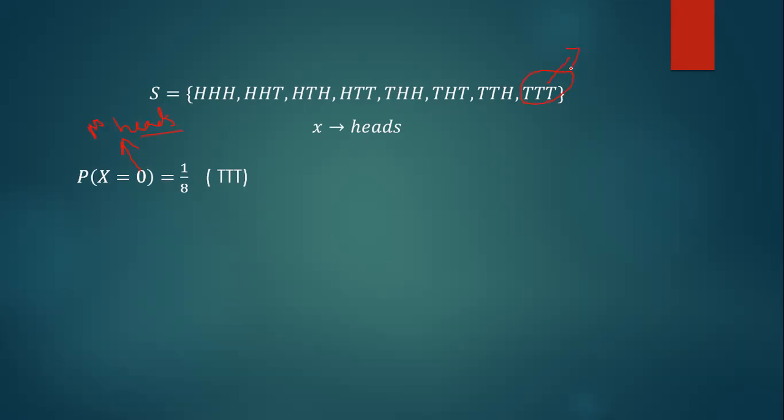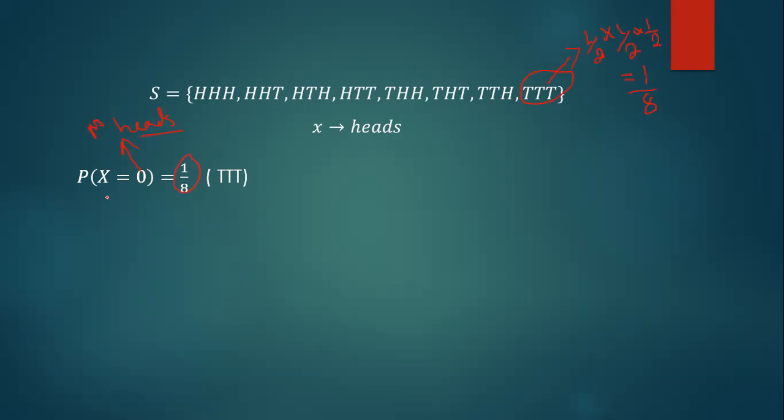Remember we said the probability is a half, so this would be a half times a half times a half, and that is what gives us the 1/8 that we are able to see here. Is that okay? Yes. Okay.